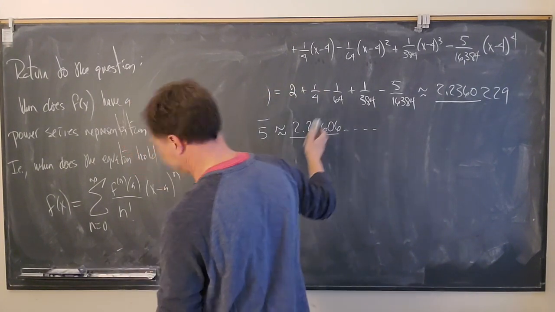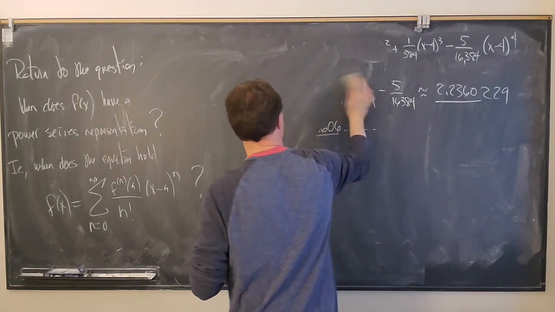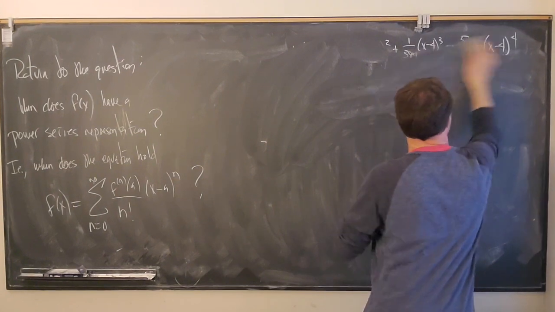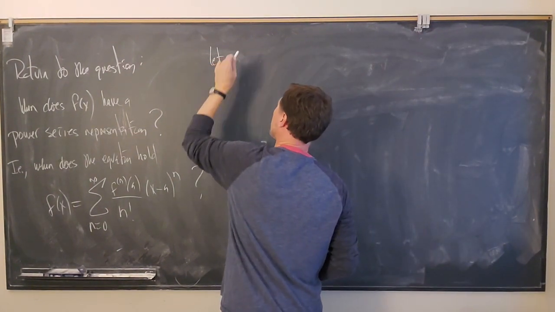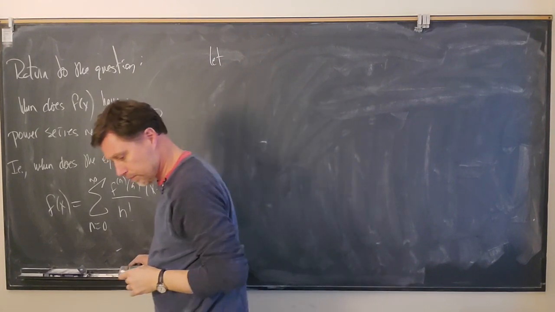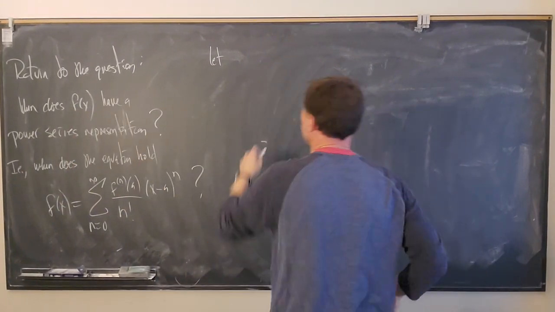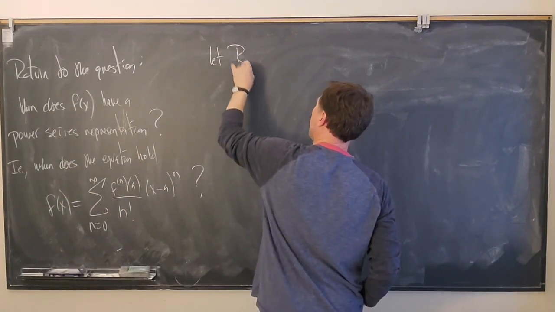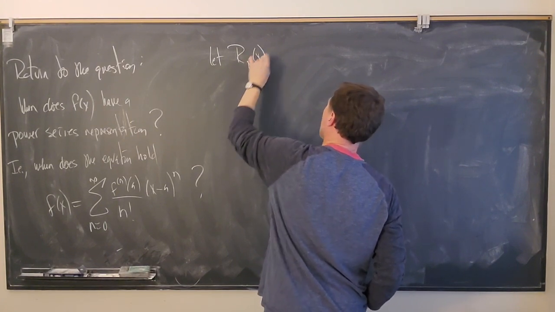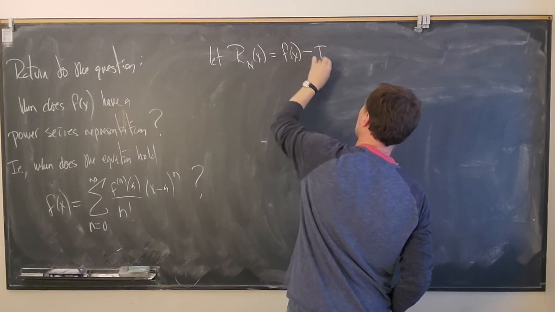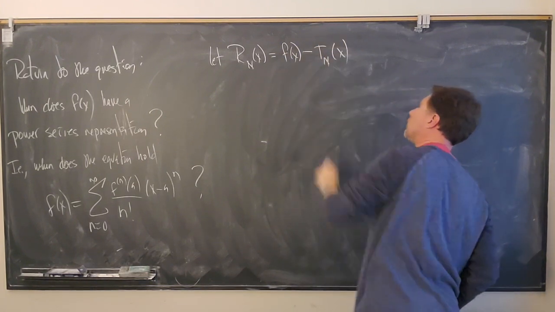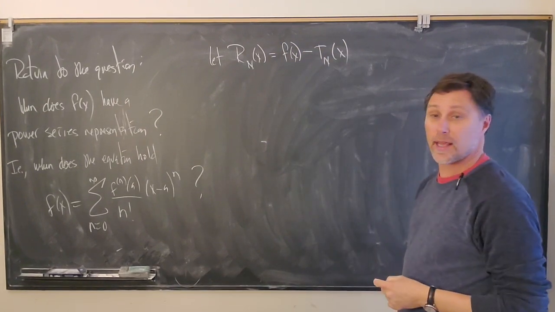Now, to answer this question, let's say r sub n of x equals the function minus its degree n or order n Taylor polynomial.